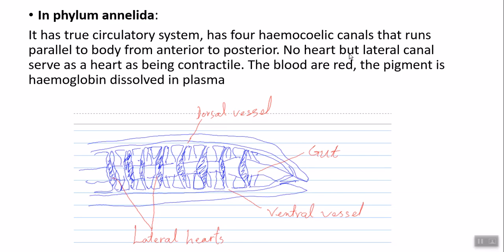Although there is no true heart, a lateral canal serves as a heart by being contractile. The blood is red pigmented, and they have hemoglobin. So this is the first phylum indicating a true circulatory system.